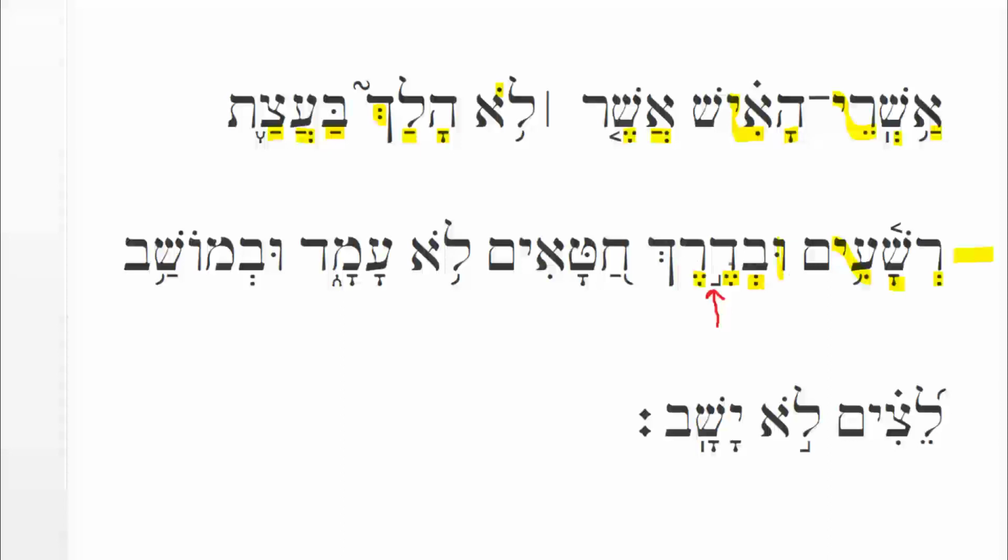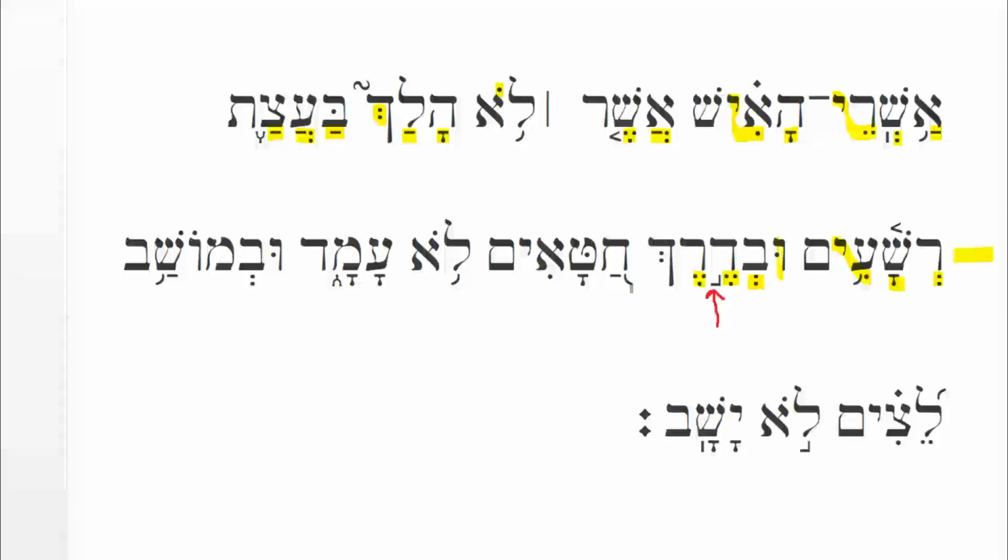So we have uvaderek. That's one benefit of these Masoretic accents, is they indicate accenting in pronunciation. Not every Masoretic accent gives us a pronunciation accent, but oftentimes they do.